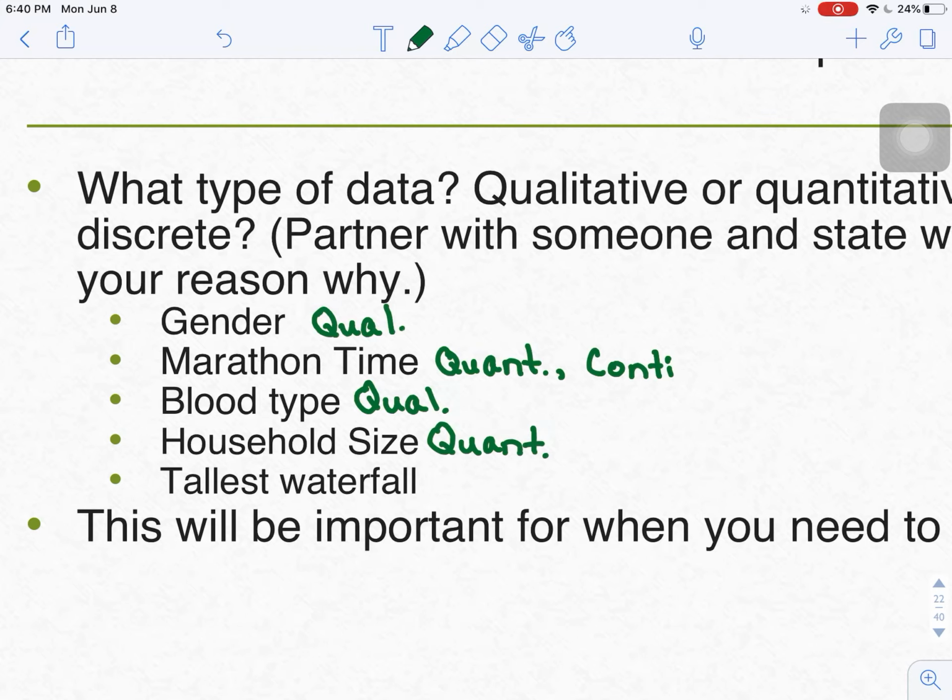For household size, this is going to be quantitative. And for household size, we are also going to say this is discrete, because every person counts as a whole person.